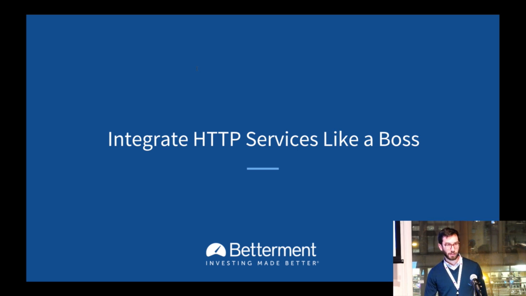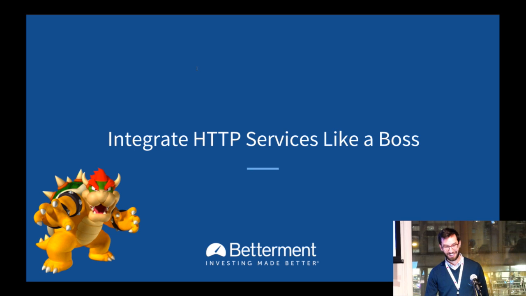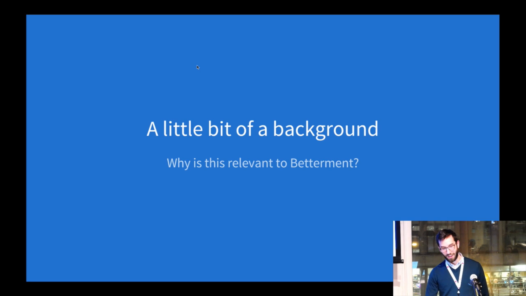What I want to talk to you guys about today is integrating HTTP services like a boss. I'm going to start with a little bit of background. Betterment is a financial services company, but more importantly, we have a service-oriented architecture, right?